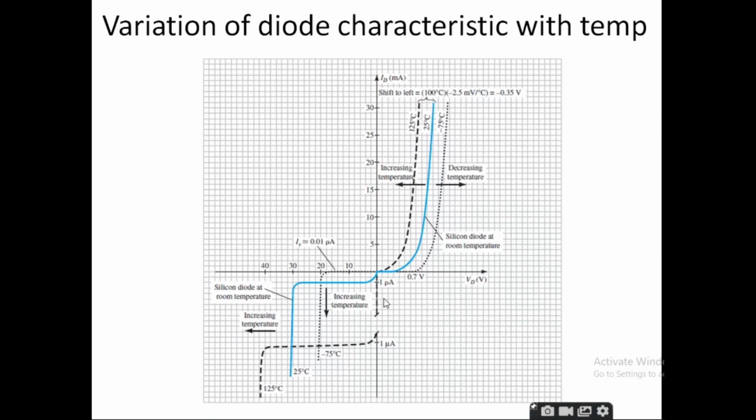Usually we say that the current in a conductor is nearly constant irrespective of the temperature. Temperature is not taken into consideration unless we are operating the conductor at an extreme temperature. You don't worry about the effect of temperature. But in the case of a semiconductor, the effect of temperature is significant.